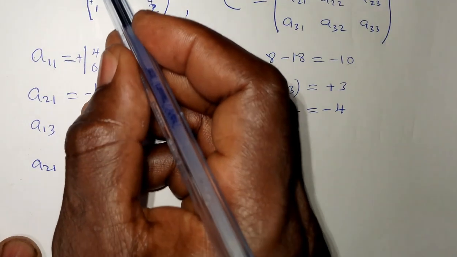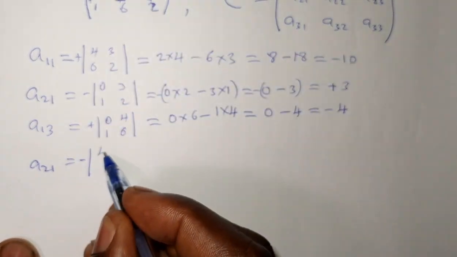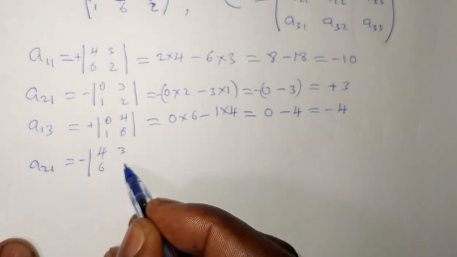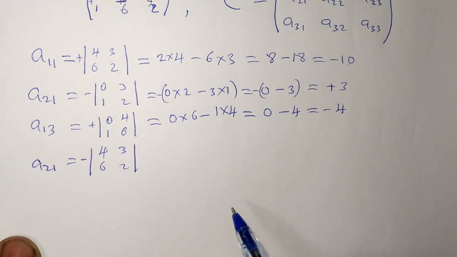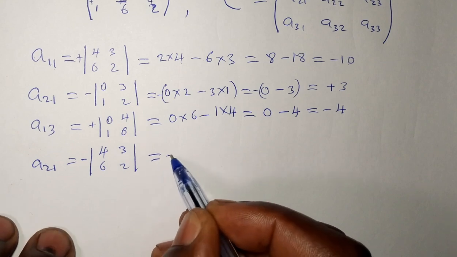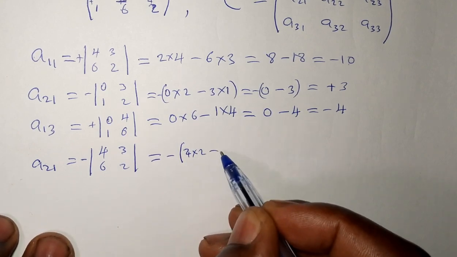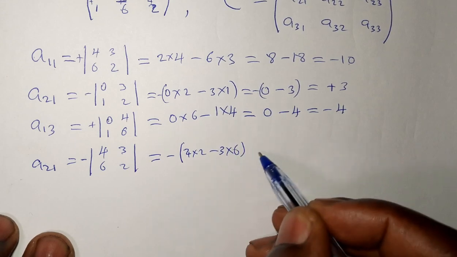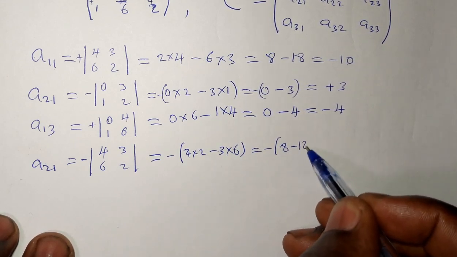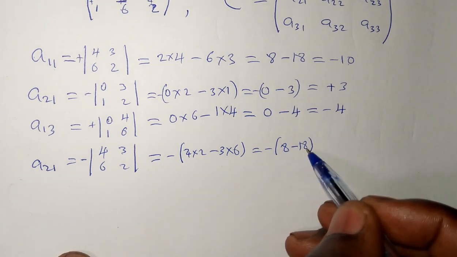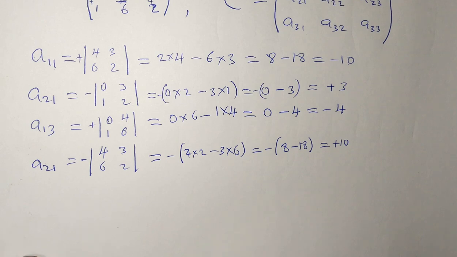So here, when we eliminate this and this, we are left with 4, 6, and then 3, 2. So this is equivalent to minus open bracket 4 times 2 minus 3 times 6, which is equal to minus open bracket 8 minus 18, so that minus this will give us plus 10. So that's how we calculate for that one.